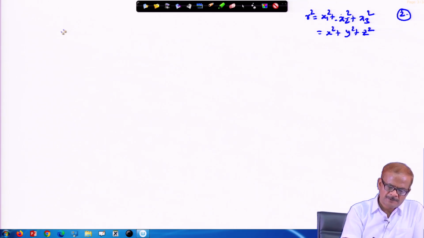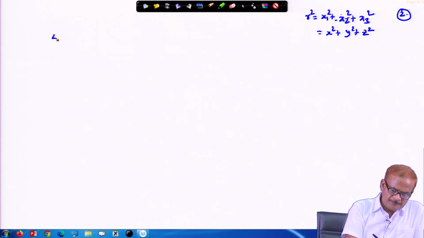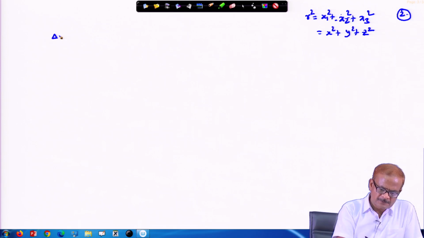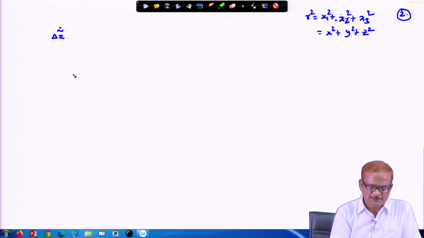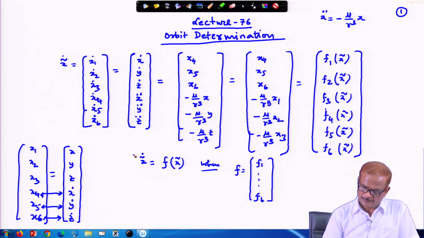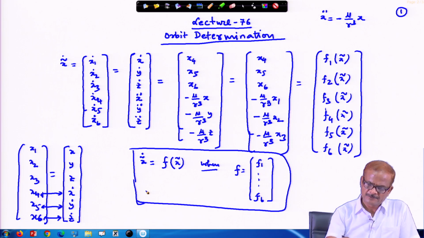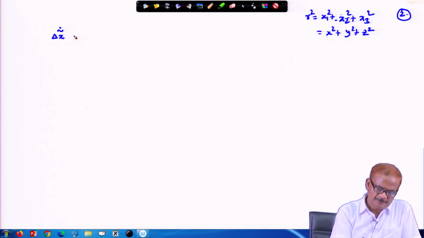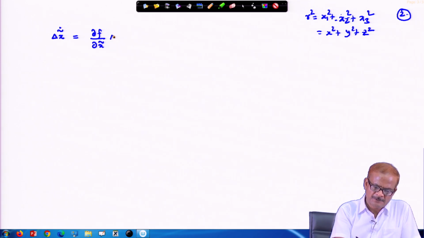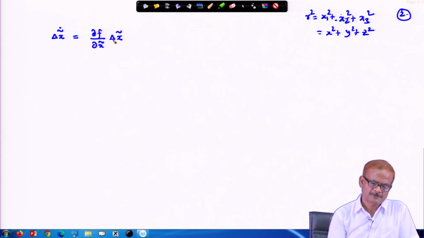Okay, once we have got this, without currently explaining what I am doing, I just want to linearize this equation. This can be written from your Taylor series expansion: delta x dot equal to dou f by dou x tilde times delta x tilde.